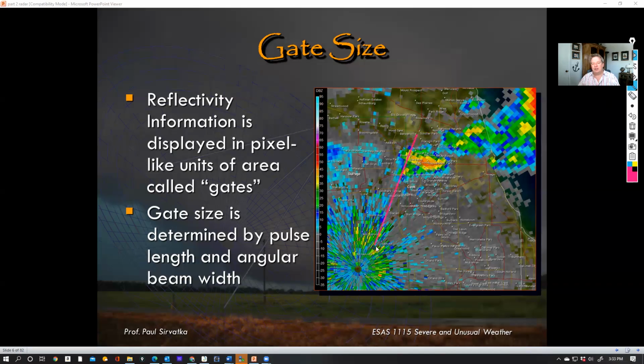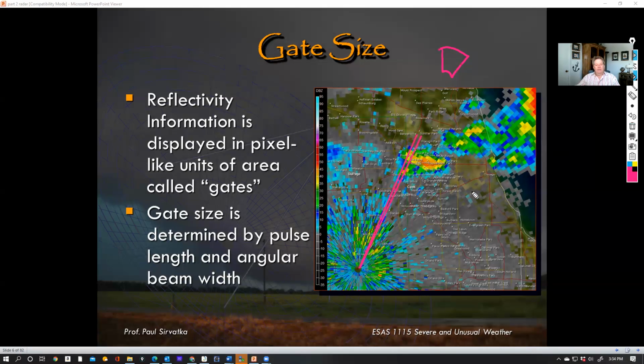How about if I just go straight line to the radar? There's the beam going out. And when the beam goes out, I'm making areas where I can make little segments called gates. And that's the shape of it. So the shape of it is actually more like this, if I exaggerate.